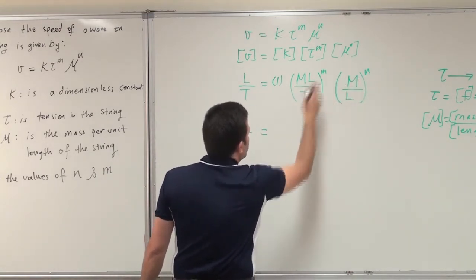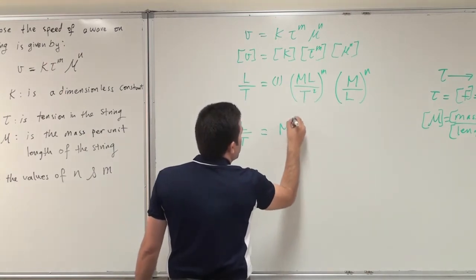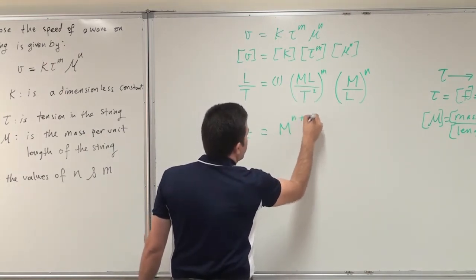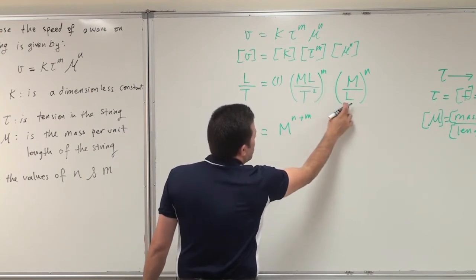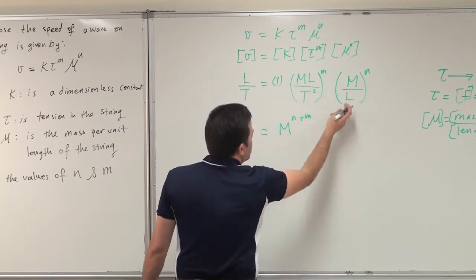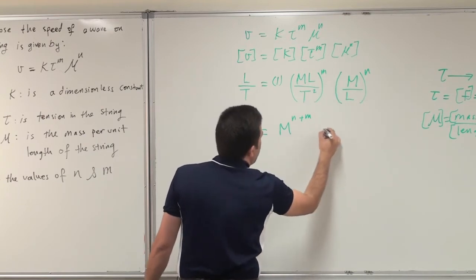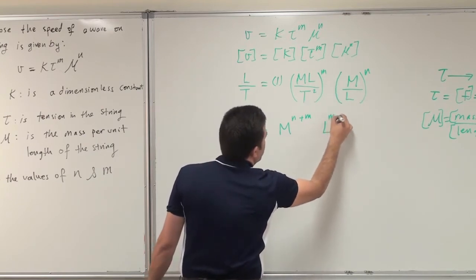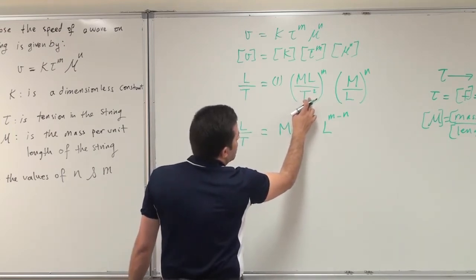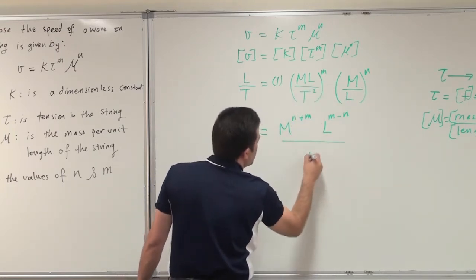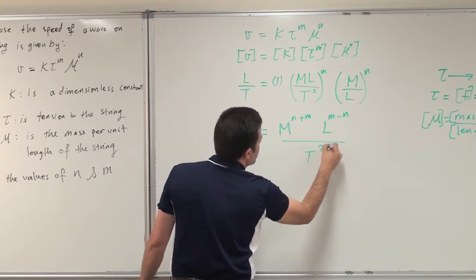So I can add the two powers, so the power of M is n plus m. And L is raised to power m, while L here is raised to power minus n, so it is L to the m minus n. And then T squared, basically here, is raised to power m.